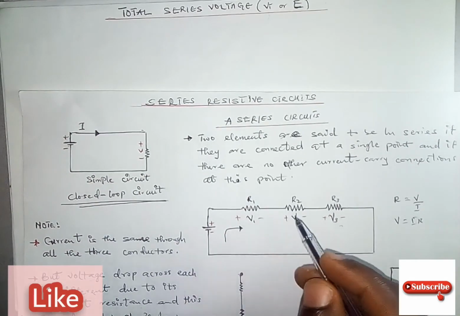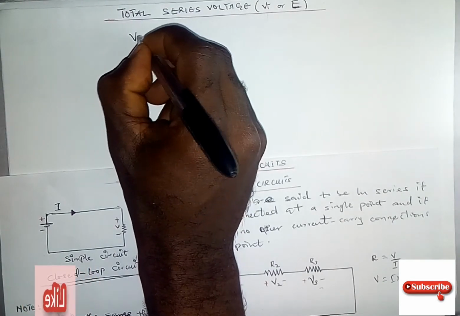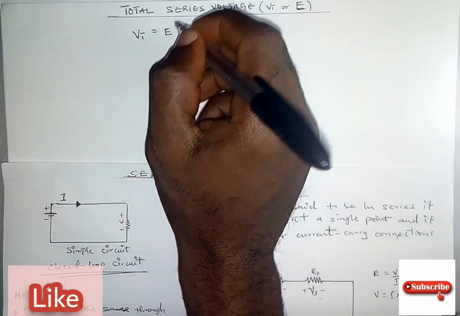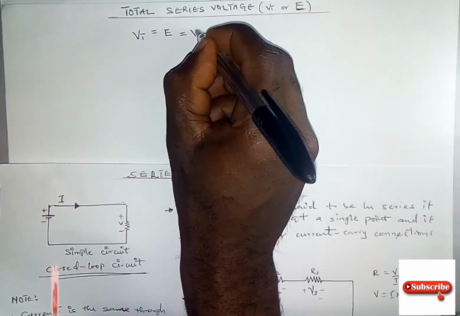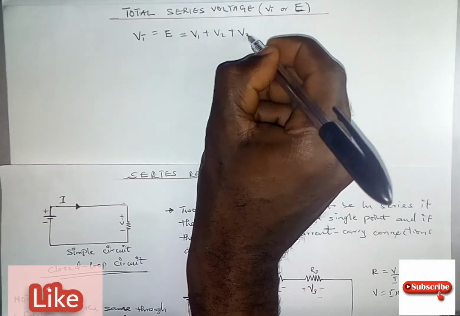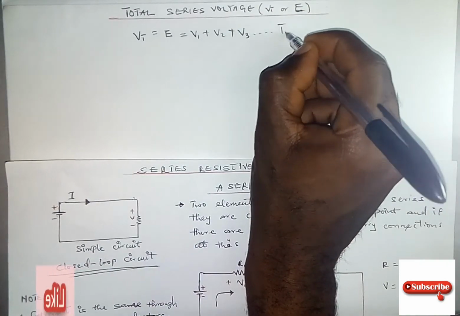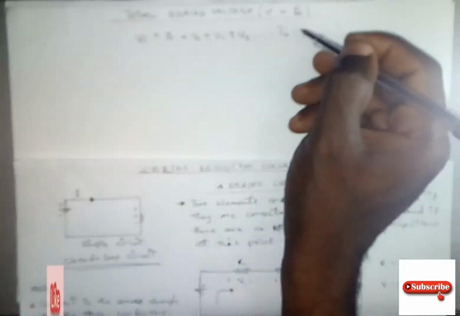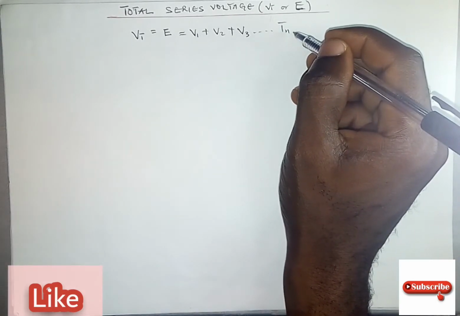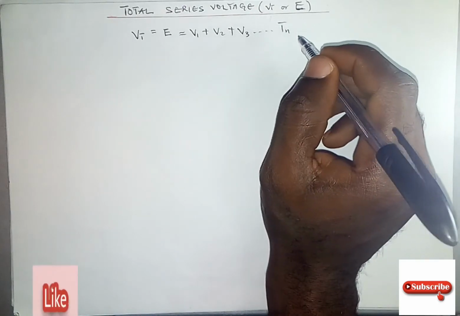We easily say that VT, which is the same thing as our E, is equal to V1 plus V2 plus V3, and even though we have infinity, we are going to state them. That is the law that guides the total series voltage in a series circuit.